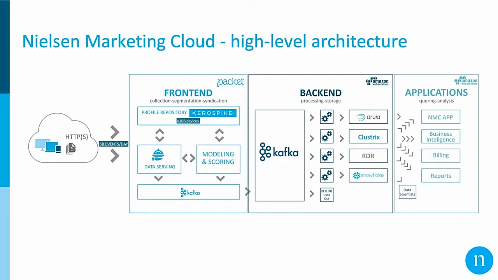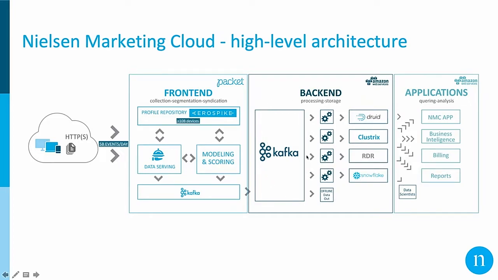For example, this device is used by a male from a certain place that's interested in something. This front-end layer is deployed in over 8 data centers around the world, and each data center has its own dedicated Kafka cluster. Now, all the raw data, all the events are written to the local Kafka clusters, and from there we have replication to our central Kafka cluster that's deployed over AWS in the cloud.